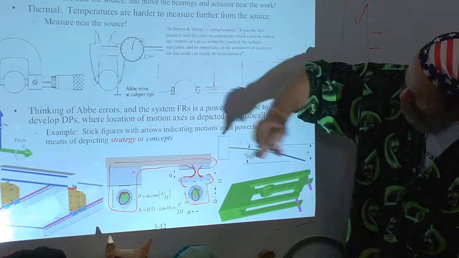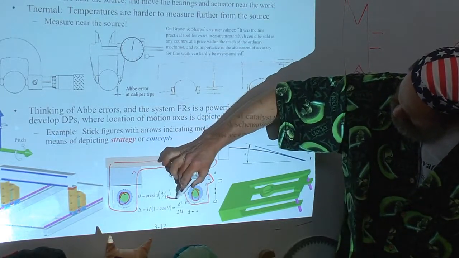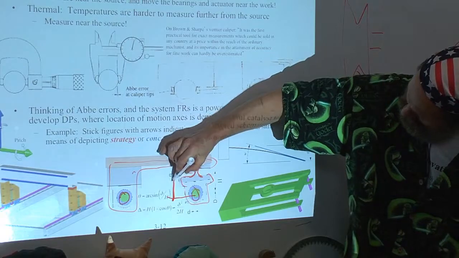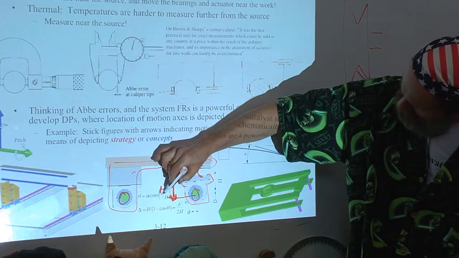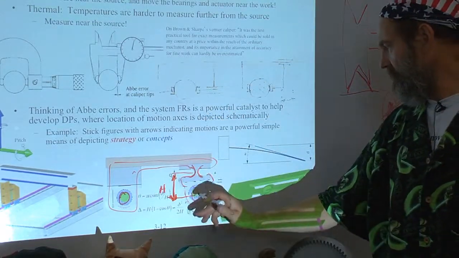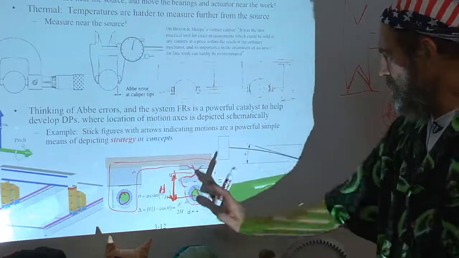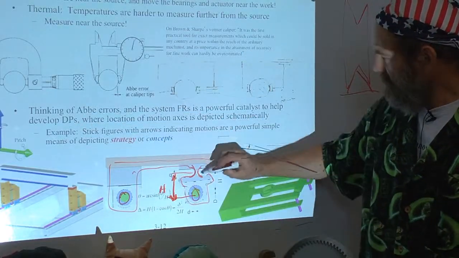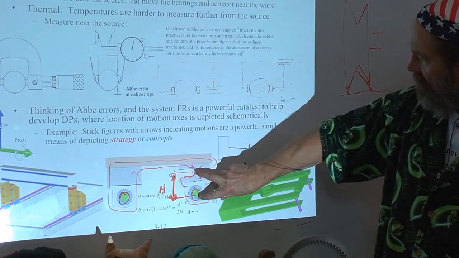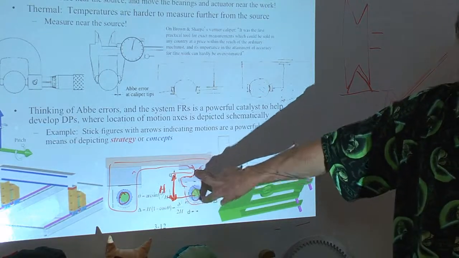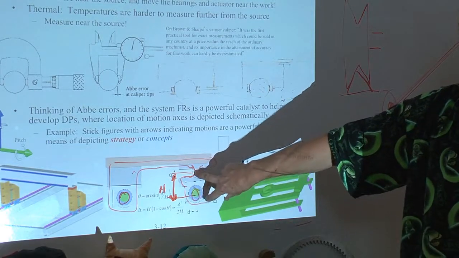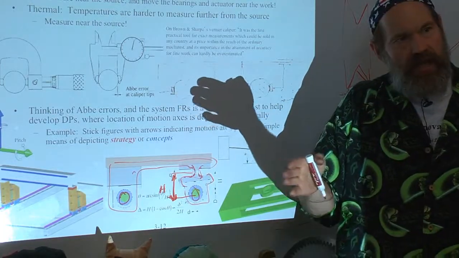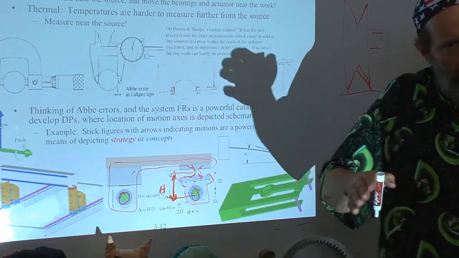Because remember, if I have a distance h, and this is moving, as I move this carriage out and this bearing wants to go over, this part here acts like a little pivot to accommodate the misalignment. So you can accommodate misalignments by building in these little pivot motions.